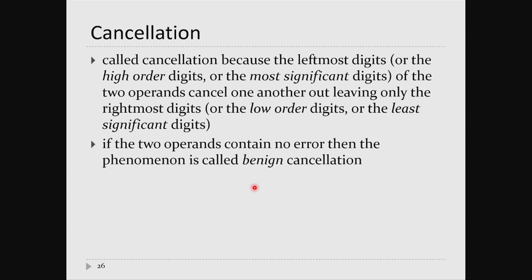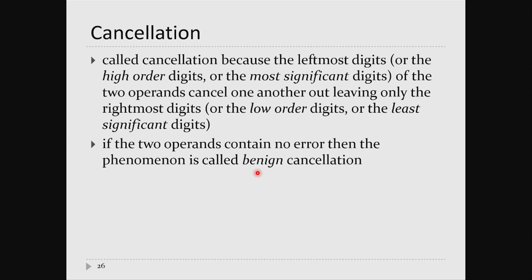Now, when you subtract two values, and those two values don't contain any significant round-off error, for example, you might type in two values, x equals 0.1 and y equals 0.09 or something like that, when you type those in and convert them to floating point, those values are as close as you can get to 0.1 and 0.09.